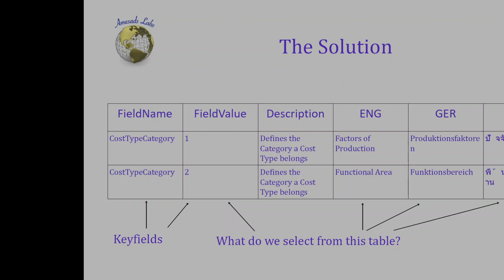It depends on the customer. But the rest is not supposed to be touched. So what we select from this table is easy. The field value, this is what we will store in the database later. And then based on the user's language, we select one of the 3 fields we have set up here.